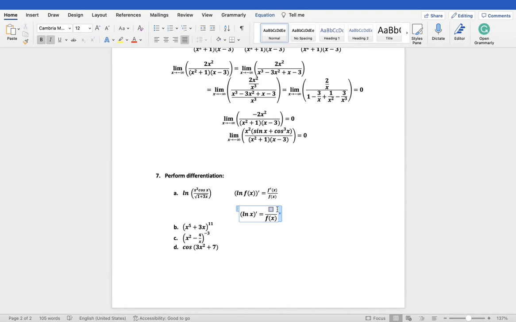Guys, you've done derivatives, I know you have. You've done at least the introduction. So you should know, it's 1, right? So 1 divided by f of x. In our case, f of x is just x. So 1 over x. So the derivative of ln of x is 1 over x.